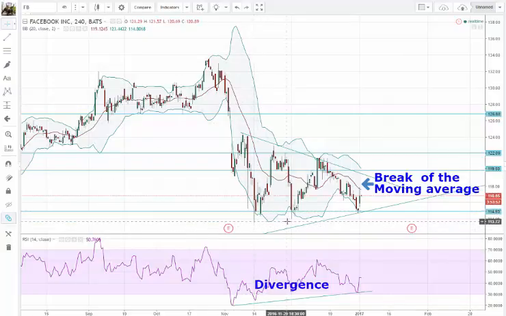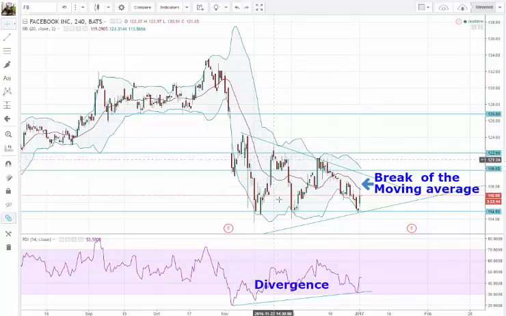That gives a sign that there's great momentum to the up or downside. And as you can see, for the last couple of weeks, months maybe, price moved around that moving average, no respect of the line at all, and also it touched the outer Bollinger Bands a couple of times, but no real trend is going on here. So a break would be great.